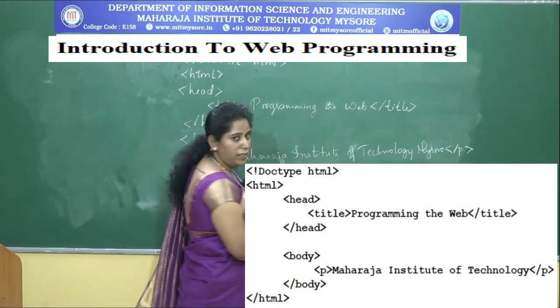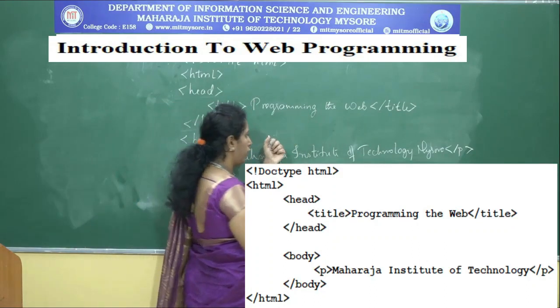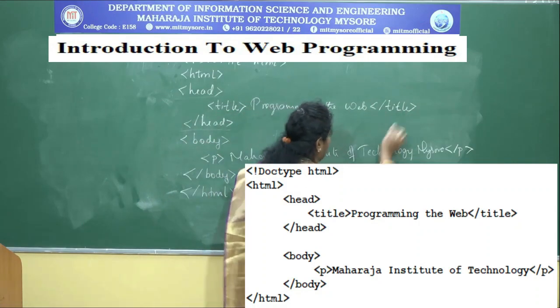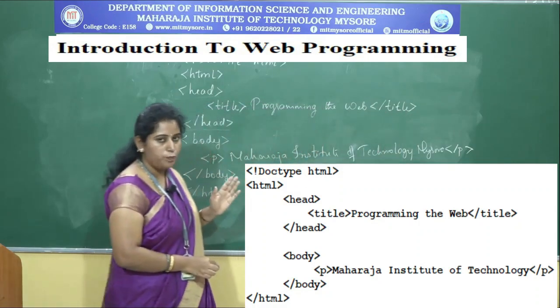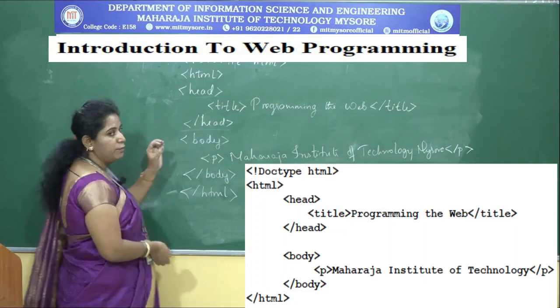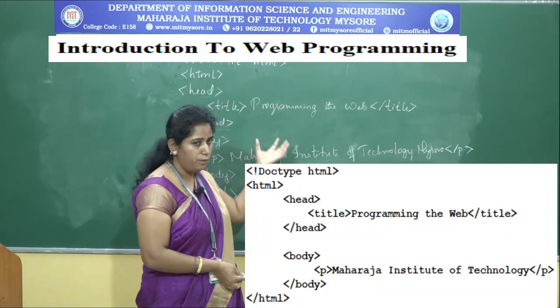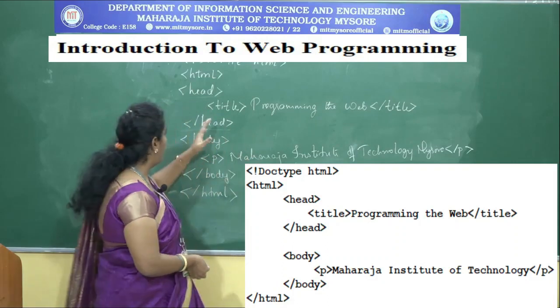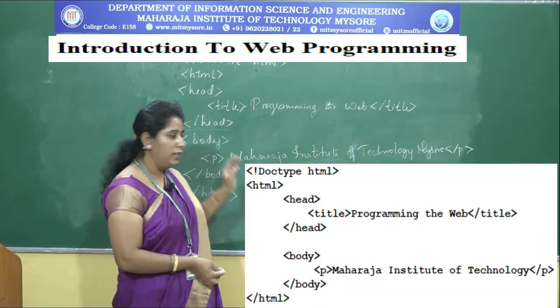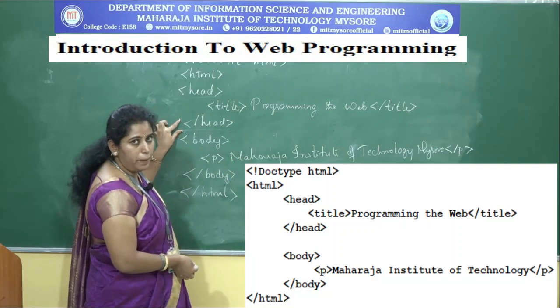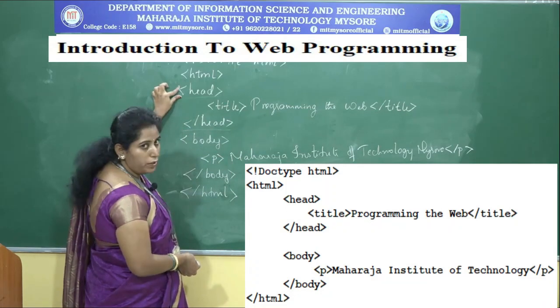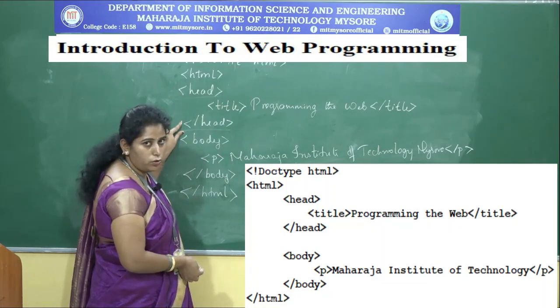Inside that I have specified the title which I wish for this program. Along with that, the title tag has to be closed. Finally, after ending the title, you need to close the header part also. This was opened here, later you need to close it.